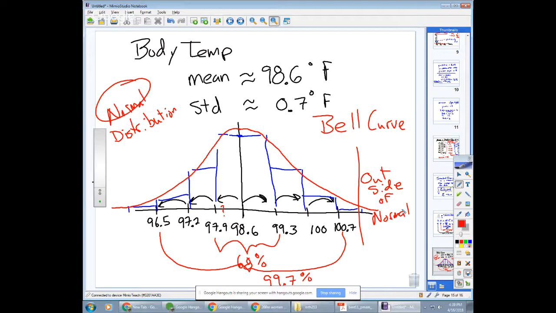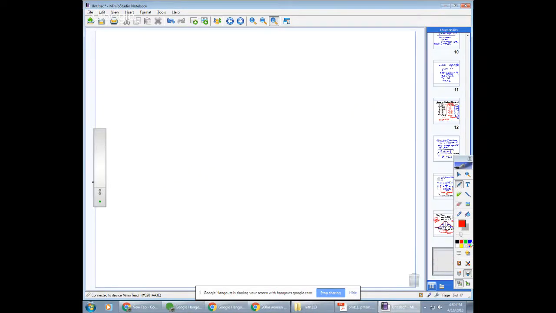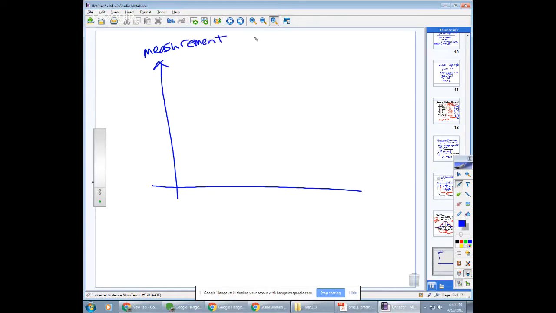Just more on distributions real quick, and then I'll set you free and we'll do some more of this next class. There are many types of distributions. Some kind of measurement. Instead of having a bell shape, some distributions are just relatively flat.